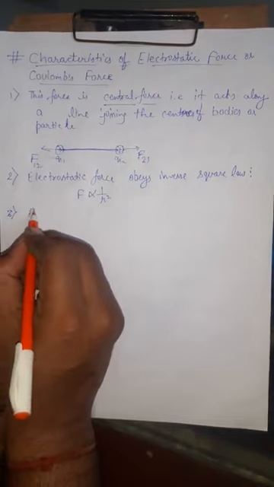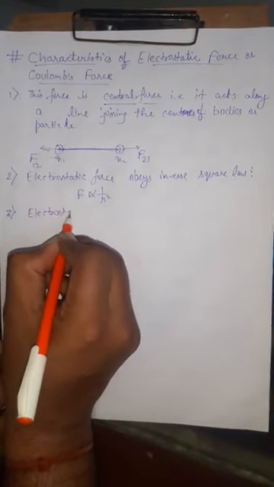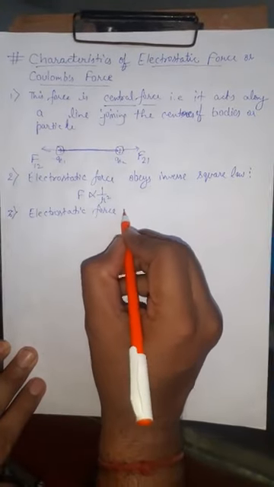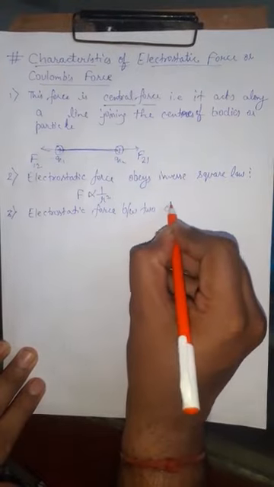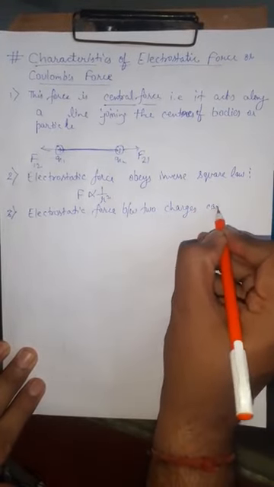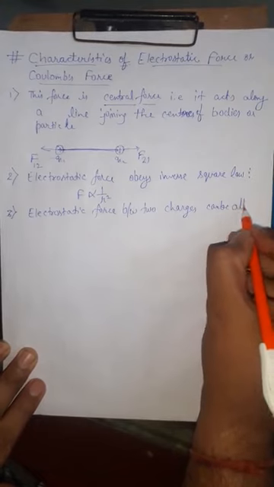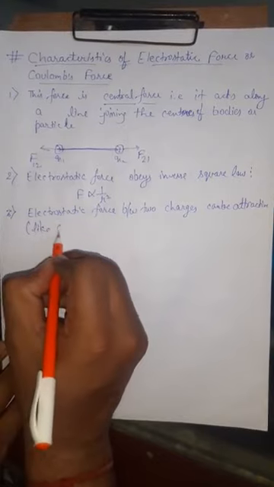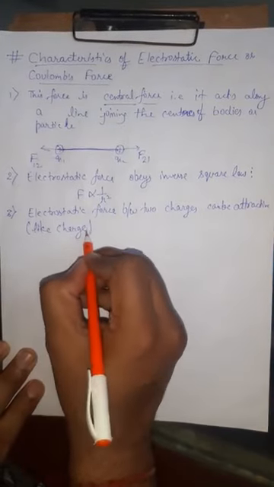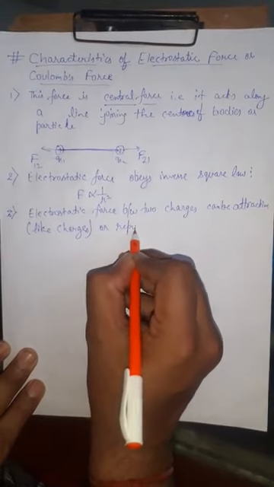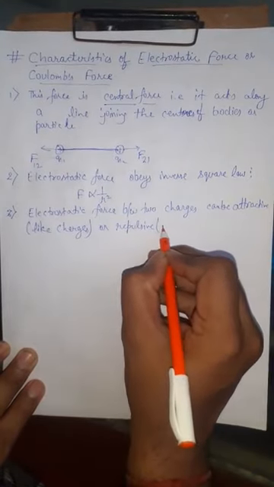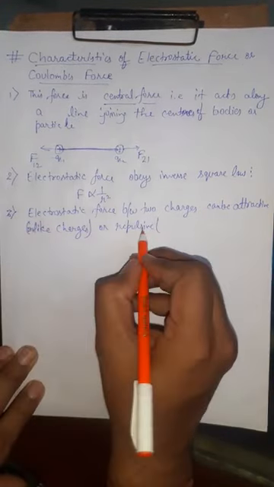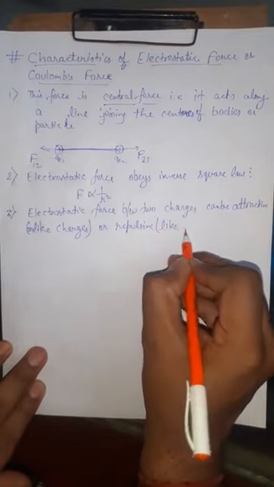So we can say that electrostatic force between two charges can be attractive for unlike charges and repulsive for like charges.